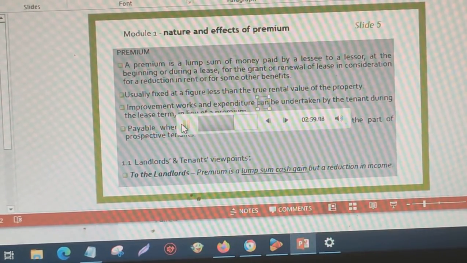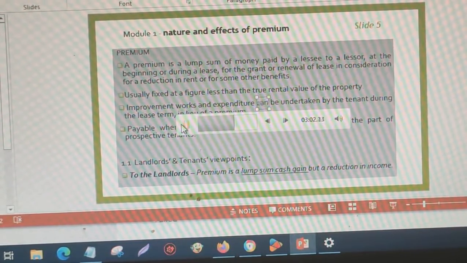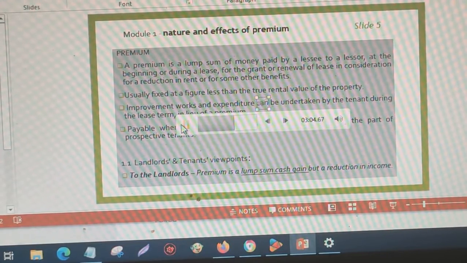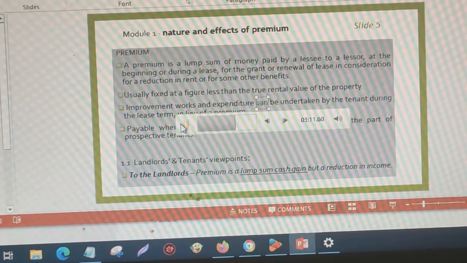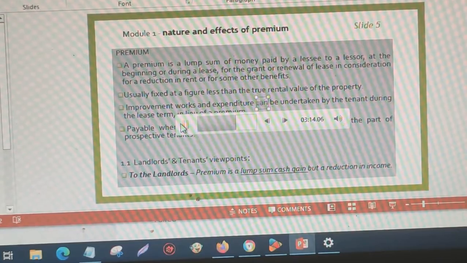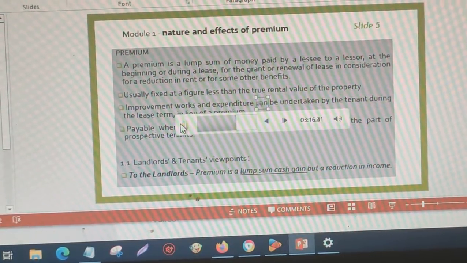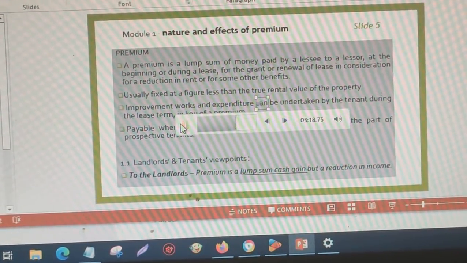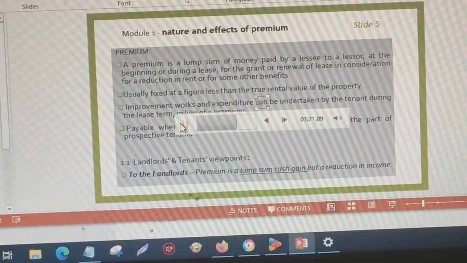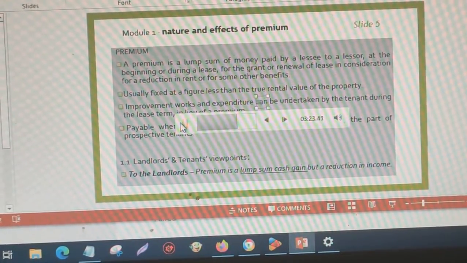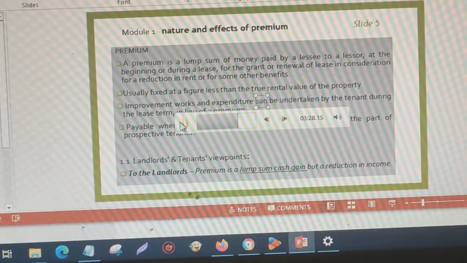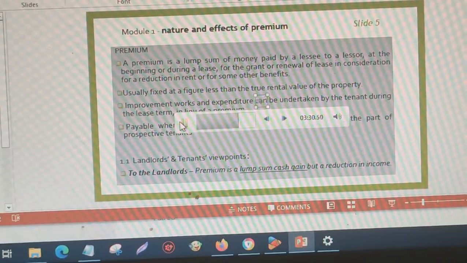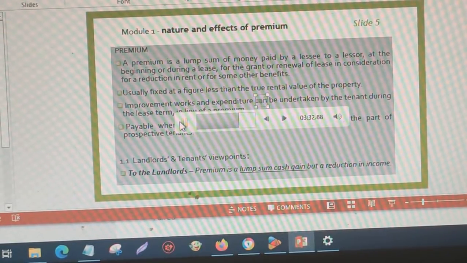And what does premium cover? It covers improvement works, expenditure which can be undertaken by the tenant during the lease term. It does not necessarily mean a transfer of funds. It could be agreed by both parties that the tenant could do certain improvement works or carry out some expenditure which we consider as payment of a premium, or it can actually be a lump sum paid for the purpose of a premium.